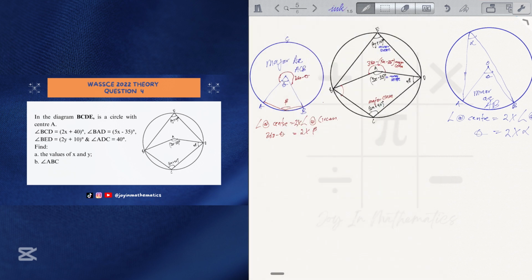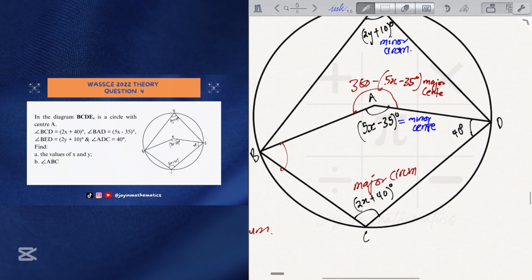So let's begin with the minor arc. The minor arc says the angle at center is equals to 2 times the angle at circumference. So now the center is 5x minus 35 and the circumference is 2y plus 10. So let's apply that.